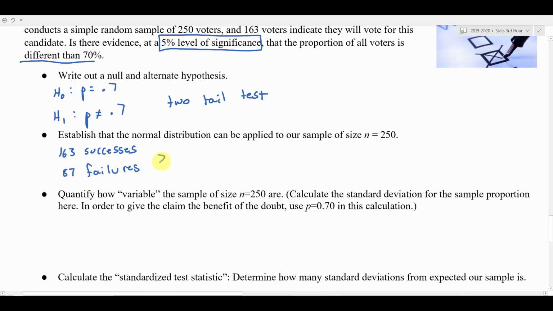Both of those are bigger than 10. That's what we need, at least 10 successes and at least 10 failures for the sampling distribution to normalize. So we can deem this normal, and we will be able to use the normal distribution later on for our probability.